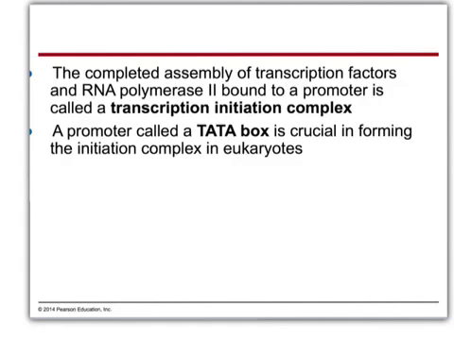All together, the RNA polymerase and whatever proteins help to stabilize that complex form what's called the transcription initiation complex. All right, so it's not just RNA polymerase that's there. There are other proteins involved in starting transcription.